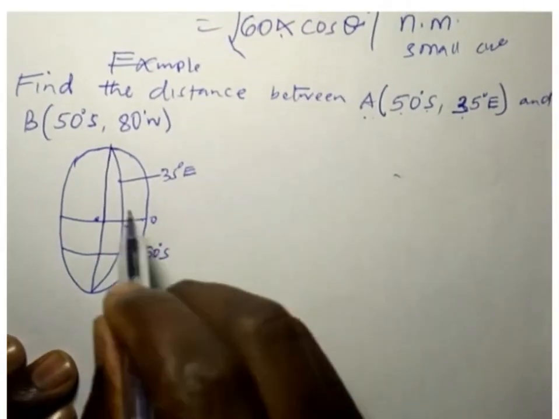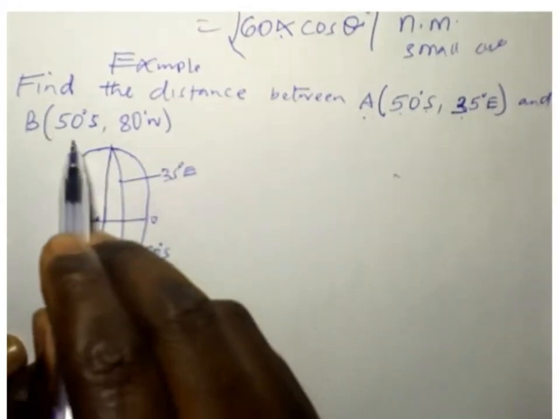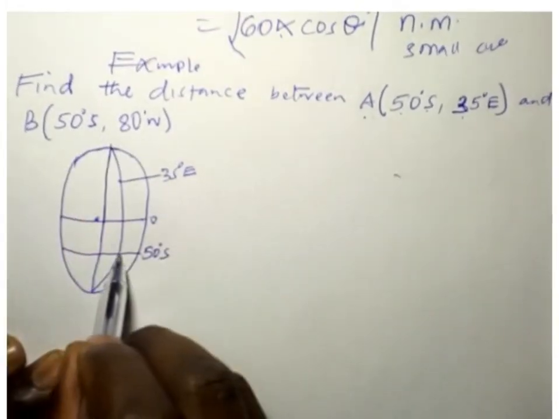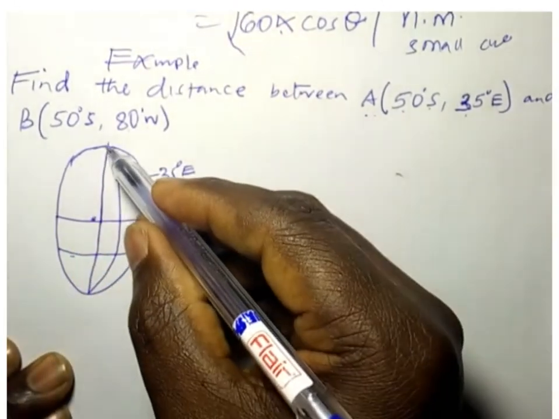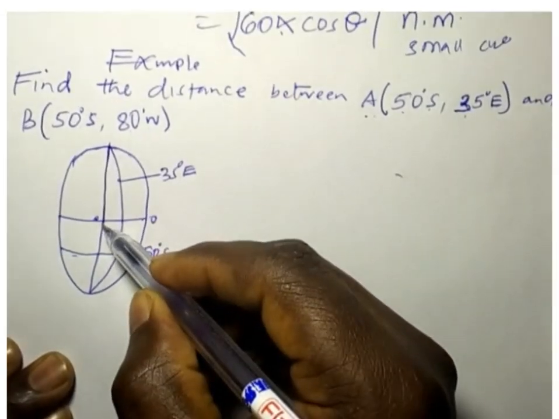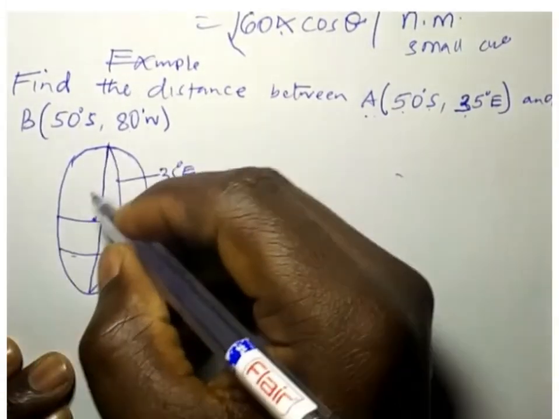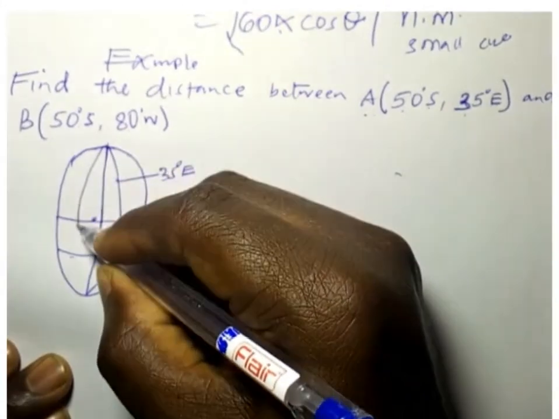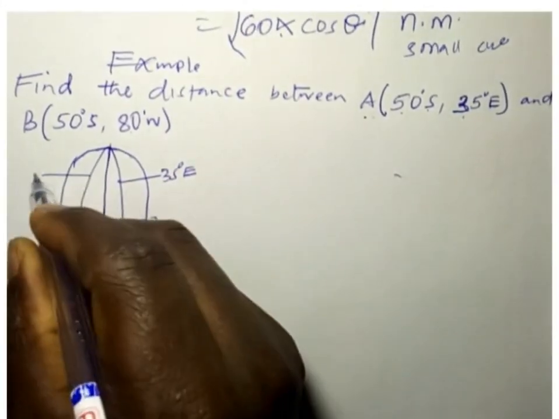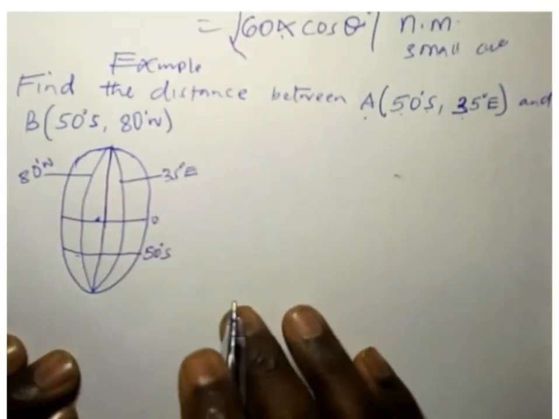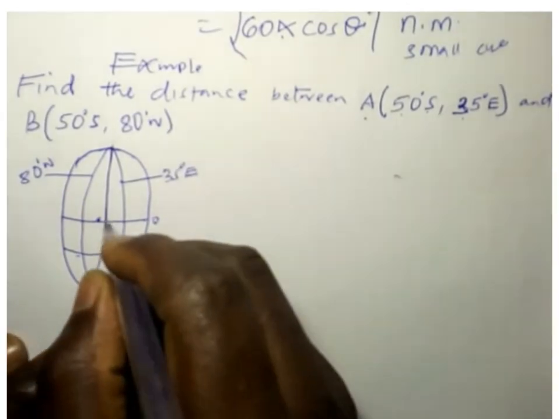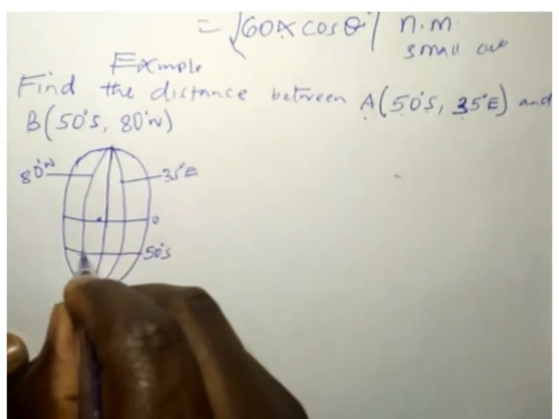And then point B is on the same latitude, 50 south, but a different longitude, which is 80 west. So this is the 0. To the west is west, so we are going to the west, and this one is 80 degrees west. Therefore, we have our point B here.